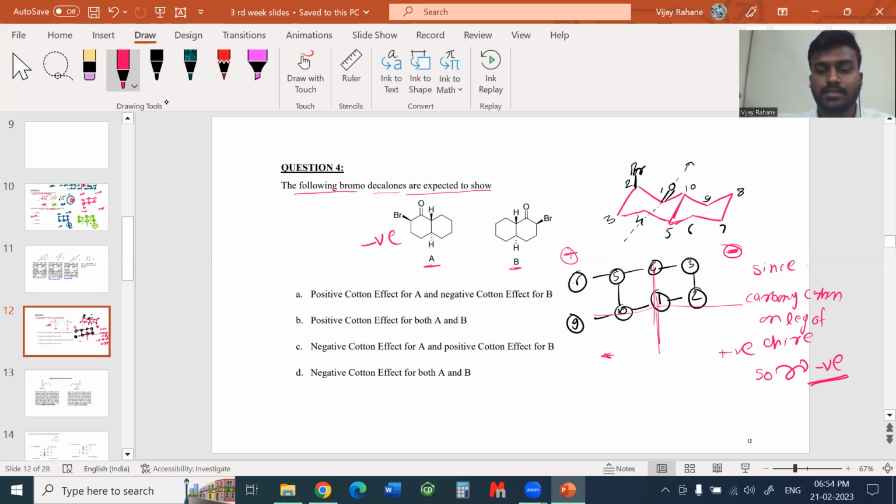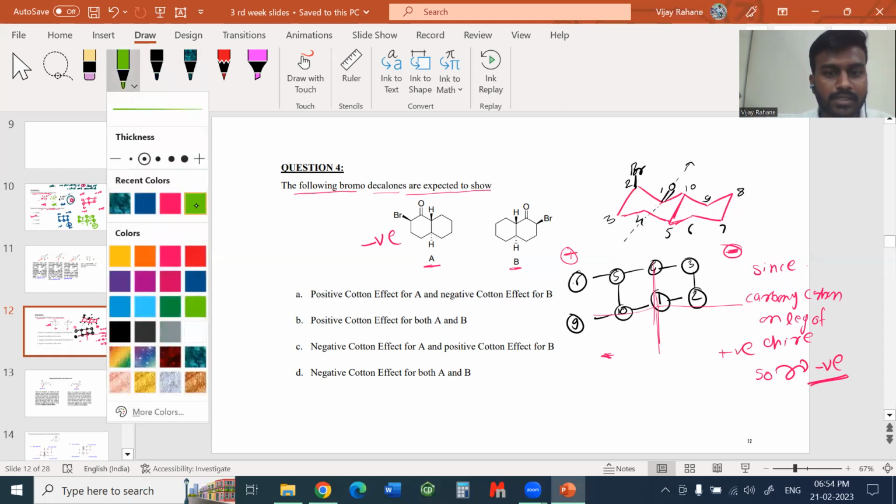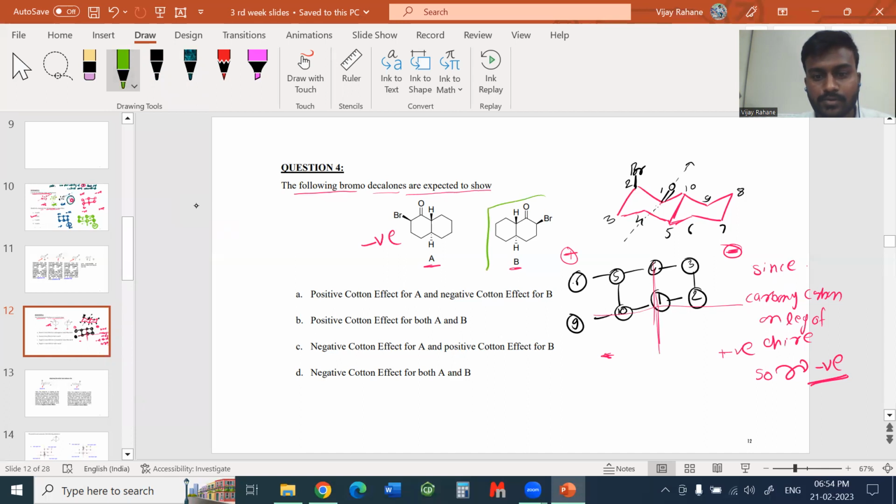And similarly, we will draw this conformation for this molecule also. We'll take a different color for this molecule, green for this one, right? So we'll draw a chair.